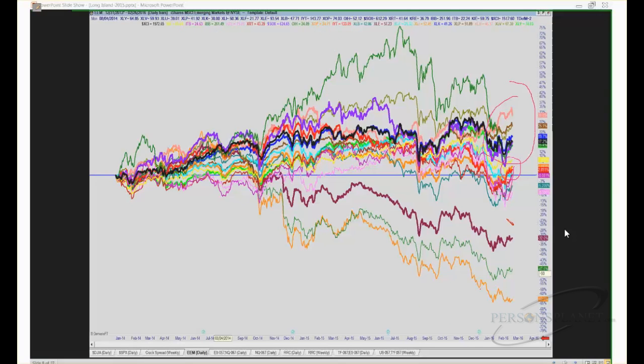Now, ironically, you've got 3 sectors that look extremely ugly, and you could probably guess which ones they are. XLE, XOP, and OIH. Those are the 3 that over the last 2 years have been negative.